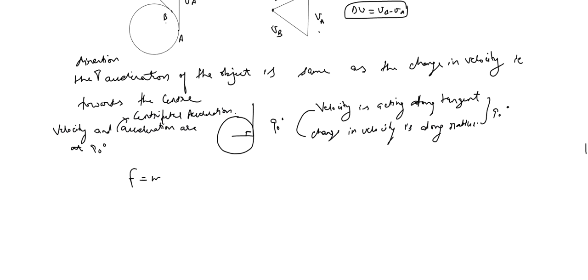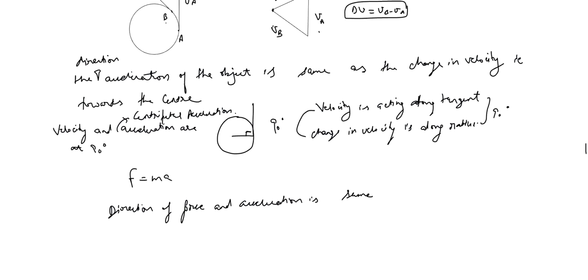What does that mean? This means the direction of force and acceleration is also the same. So if acceleration is acting toward the center, force will also act toward the center.